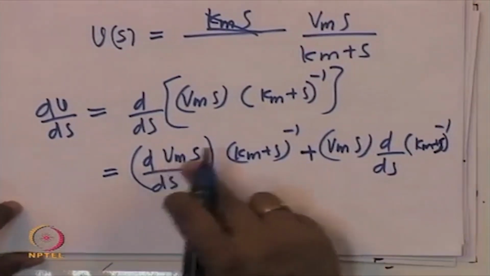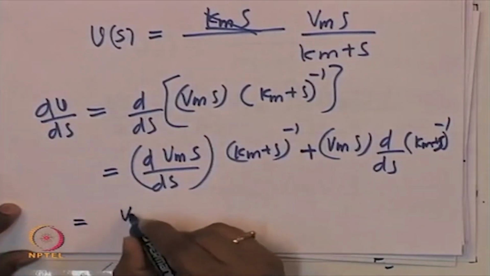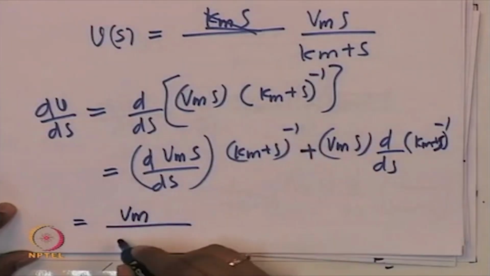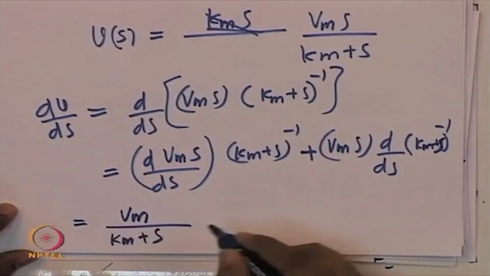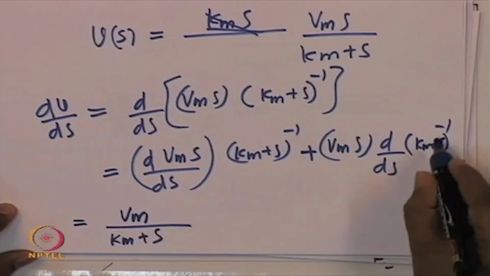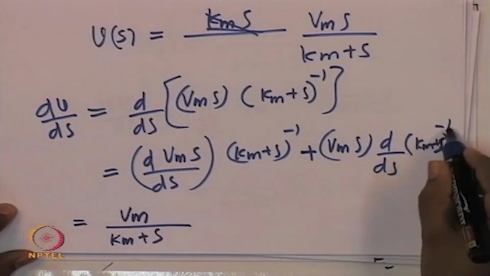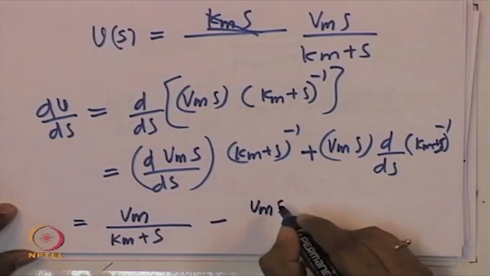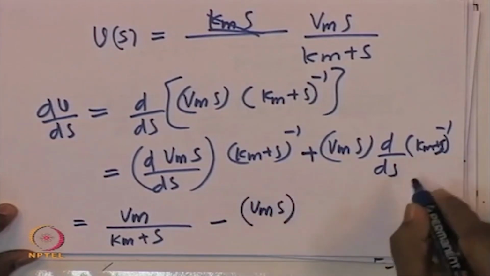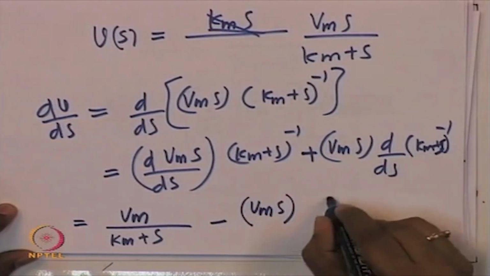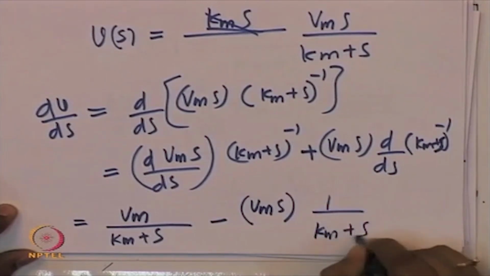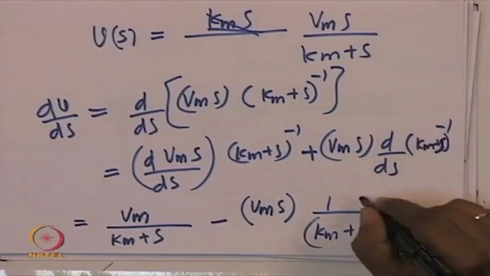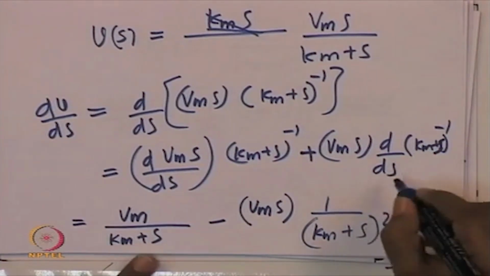So, now what is the derivative of this, which is a constant, which is basically Vm, and you have Km plus S inverse, which is 1 by Km plus S here, and then the derivative of something power minus 1 will give a minus, and there you have Vms, and this will have 1 by Km plus S whole square, because minus 1 will have a derivative which is minus 2, into the derivative of this, which is 1.